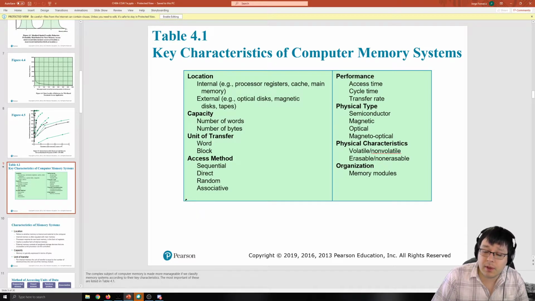But before we even look at the different kinds of memory, let's see what defines what kind of memory is what kind. Some of the ways that you can categorize it is in terms of its location. So is this a memory that is inside of the chip, such as the processor registers and part of the cache?